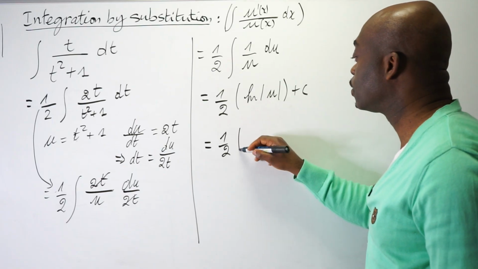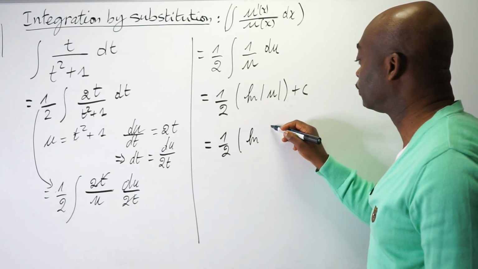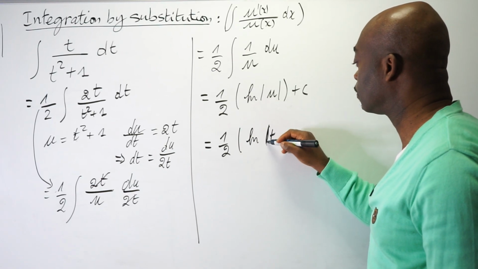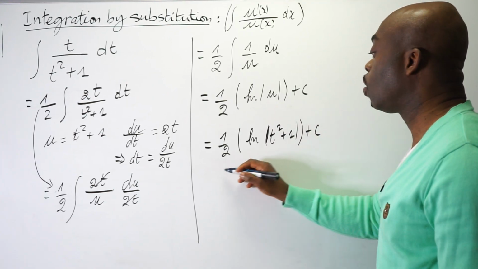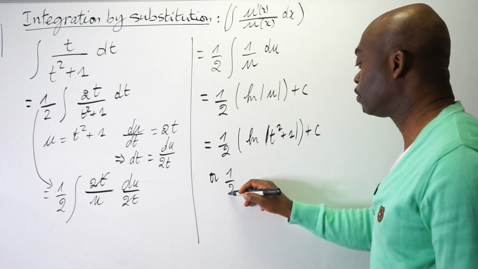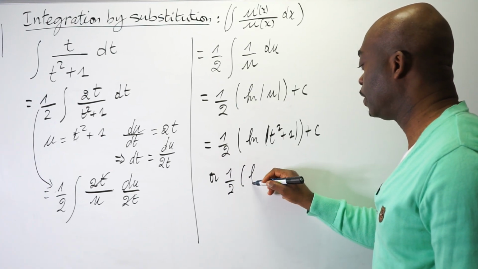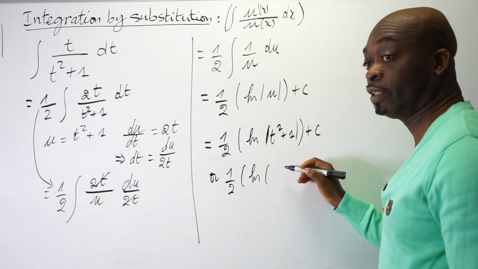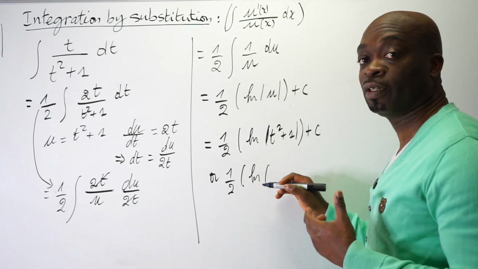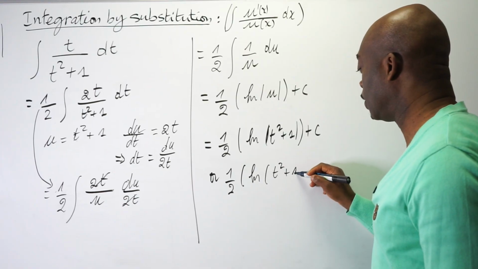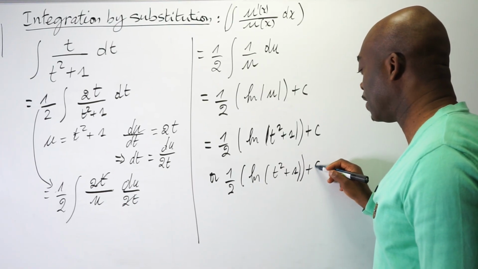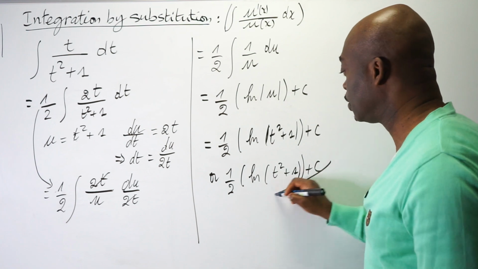So we have ln of the absolute value of t squared plus 1, plus c. Or we can rewrite the answer as ln of t squared plus 1 with parentheses instead of absolute value. That's just the same and does not change the answer.